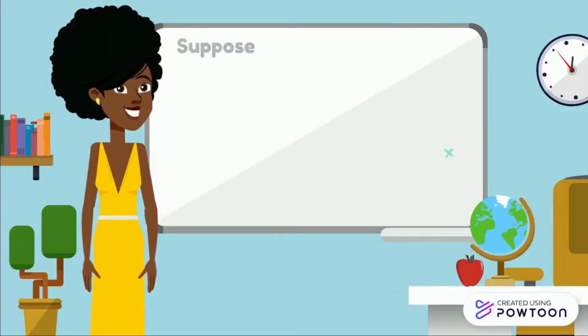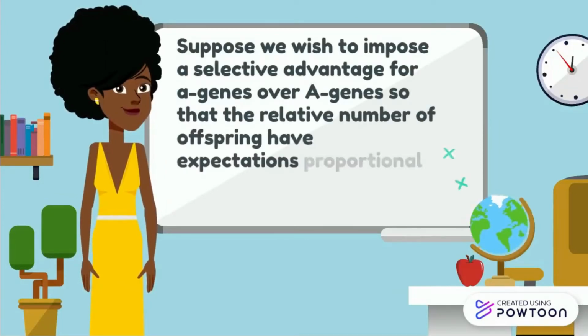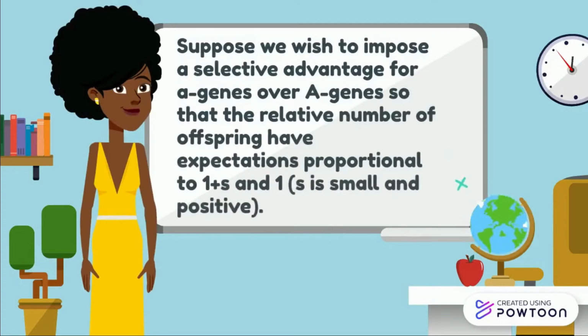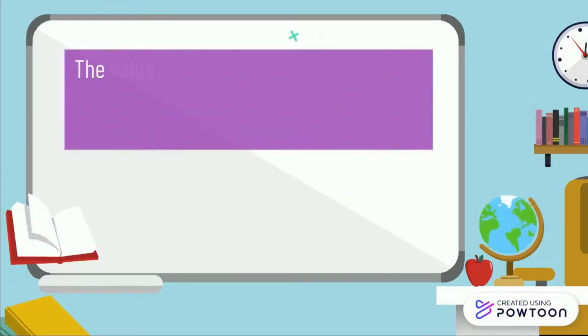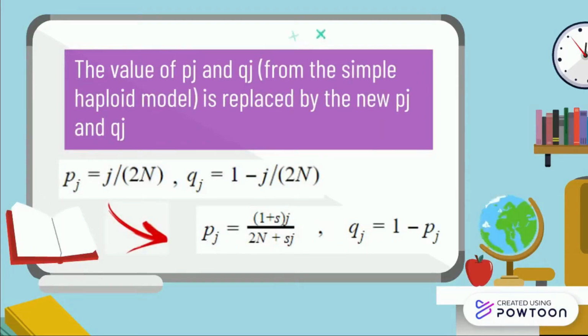Suppose we wish to impose a selective advantage for small a genes over capital A genes, so that the relative number of offspring have expectations proportional to 1 plus S and 1, where S is small and positive. The values of Pj and Qj from the simpler Wright-Fisher model are replaced by the new Pj, which is 1 plus S times j over 2n plus Sj, and Qj is 1 minus Pj.